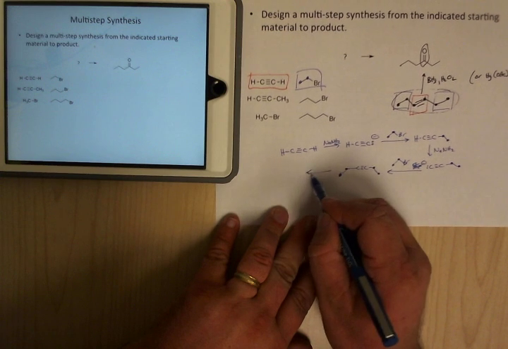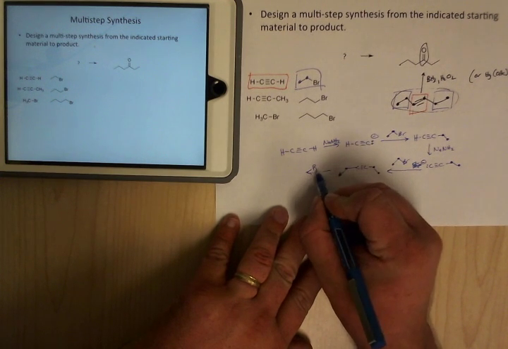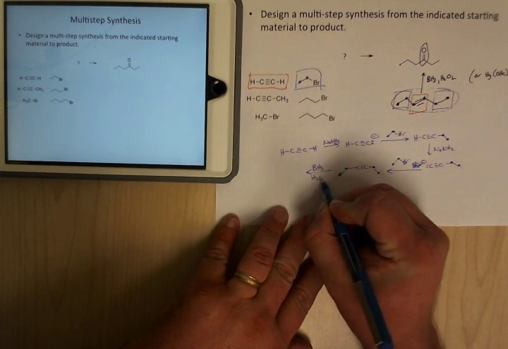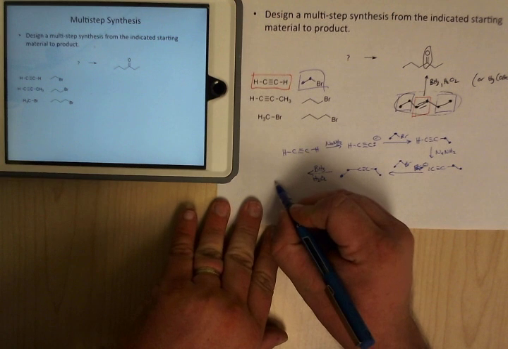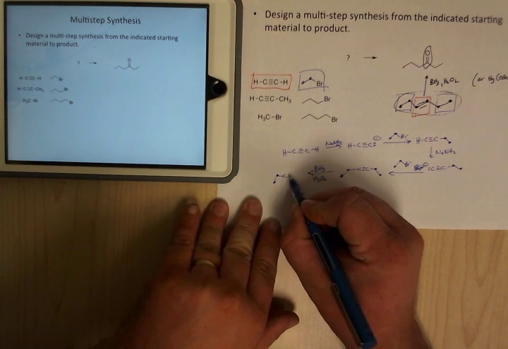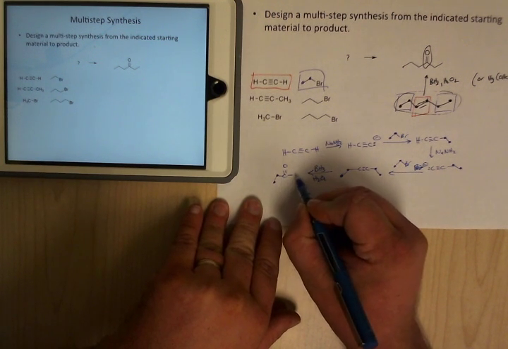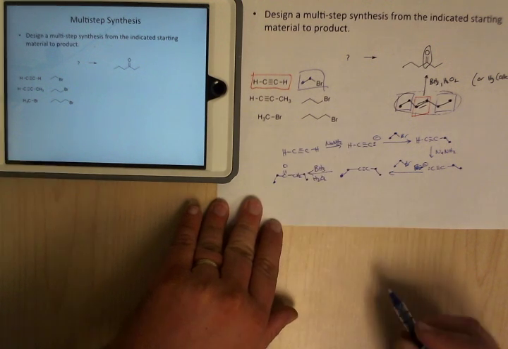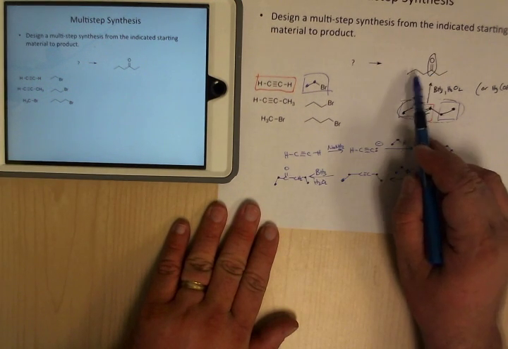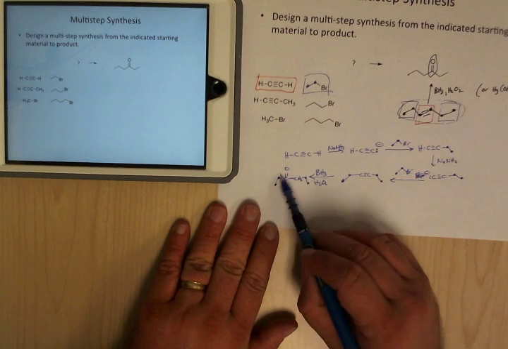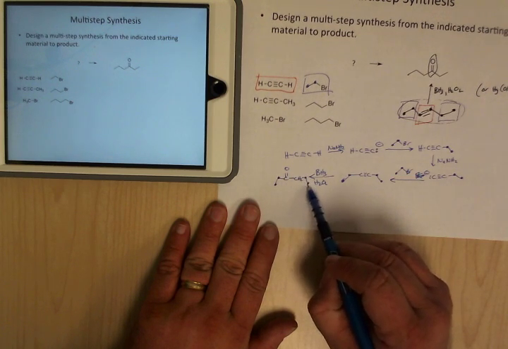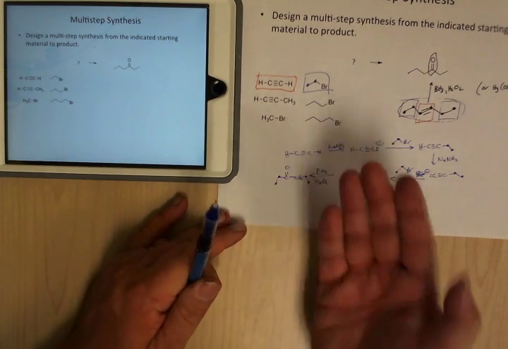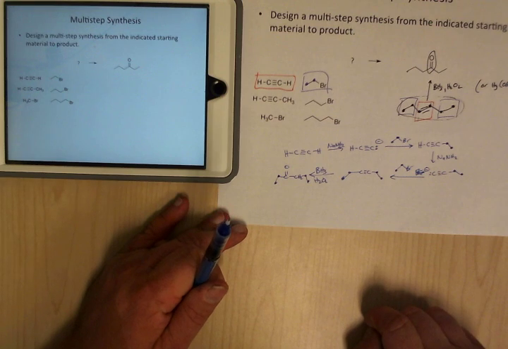So when we hit it with boron and peroxide, there we go. That is that. 1, 2, 3, 4, 5, 6. 1, 2, 3, 4, 5, 6, right? So you take the molecule, you flip it, it looks like that.